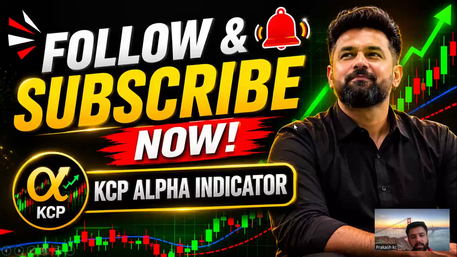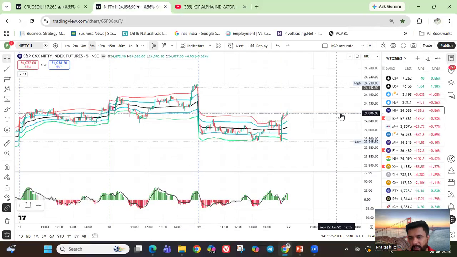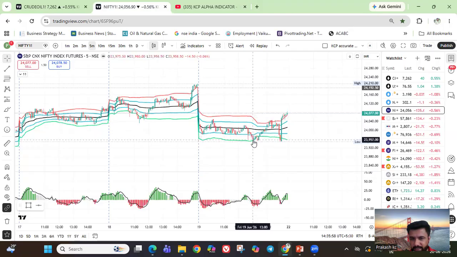So I'll show you this band on a real chart. Here you can see this is a Nifty 5 minutes time frame chart. As I told you, the market is touching the band down, and after that the institutional traders are waiting here. One Marubozu candle came, after that the market is going up.